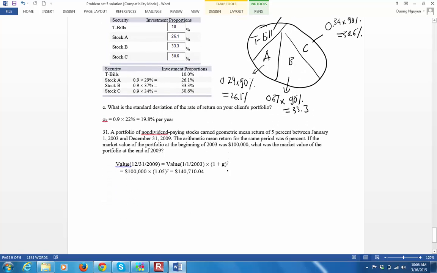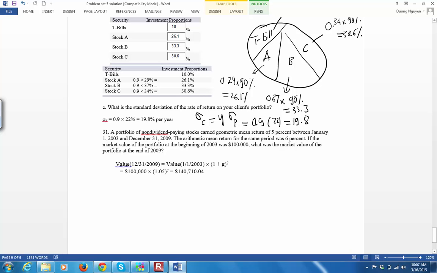Now, question C, what is the standard deviation of your client portfolio? The standard deviation of the client portfolio, sigma C, equals y times sigma P. So sigma C equals 90% times the standard deviation of portfolio P, which is 22. It is equal to 19.8.